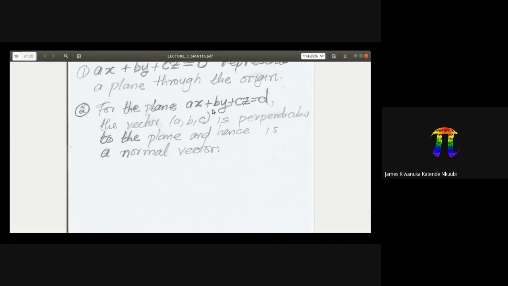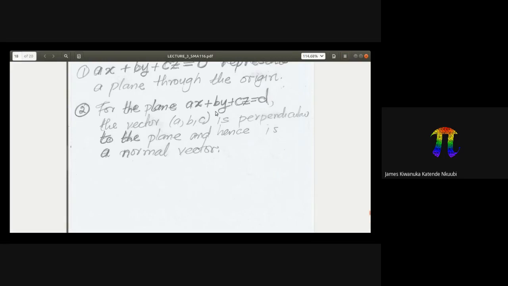Then the next one is for the plane ax plus by plus cz is equal to d. This vector a, b, c is a normal vector. If you go back to the normal form of the equation, you will see why this is true.